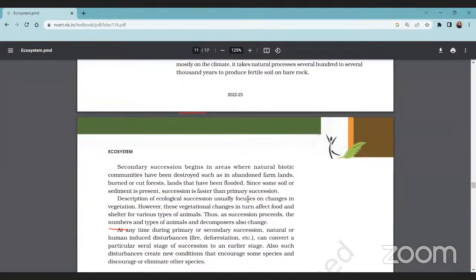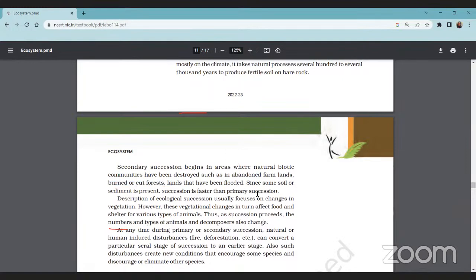In secondary succession, the natural biotic communities have been destroyed. If we cut the forest, that area becomes a secondary succession area.